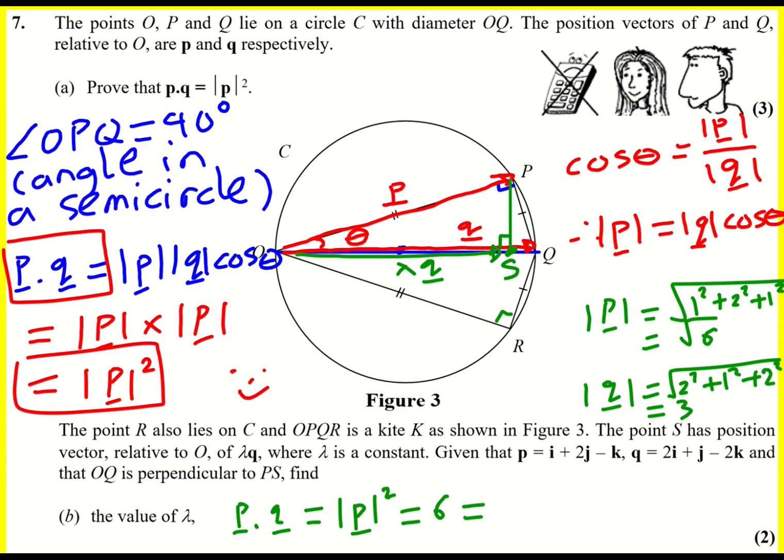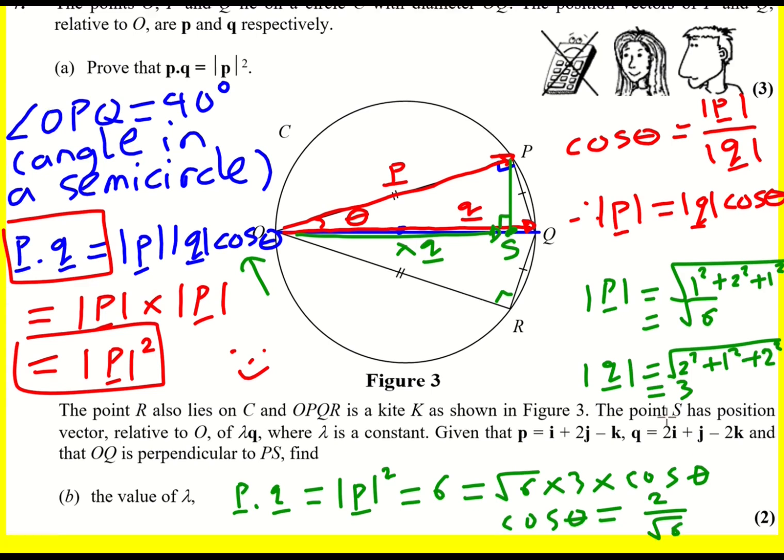And it's also going to equal root 6 times 3 times cos theta. That's using your normal form here, and so it's in terms of Q. Therefore, cos theta will equal, if I divide by 3, I'll get 2. So it's going to be 2 over root 6.